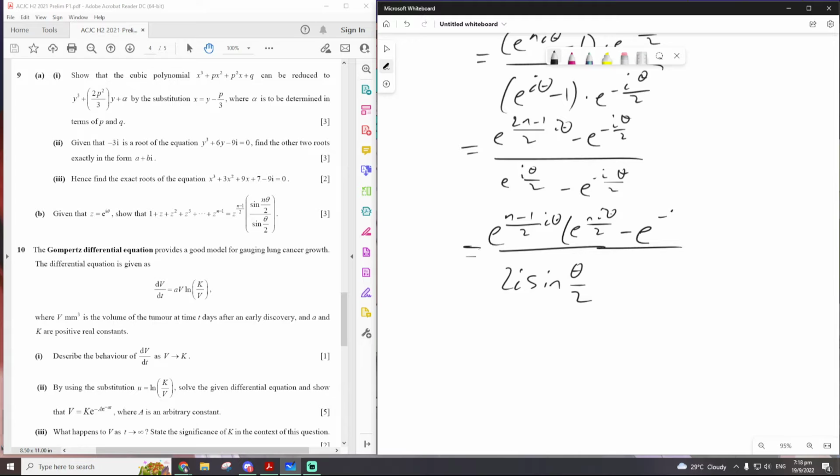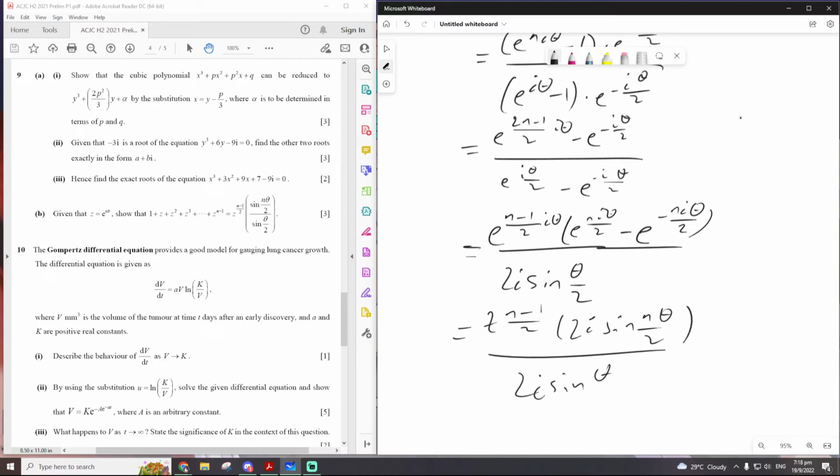Does minus ni theta work? Let's see. This is going to give me n minus n, so this is n minus half. Yes. Okay, so it's a tough question actually, but e to the i theta is actually z, so this is z to the n minus 1 divided by 2, times 2i sine n theta over 2 divided by 2i sine theta over 2.